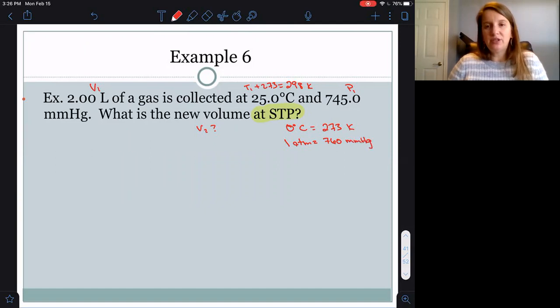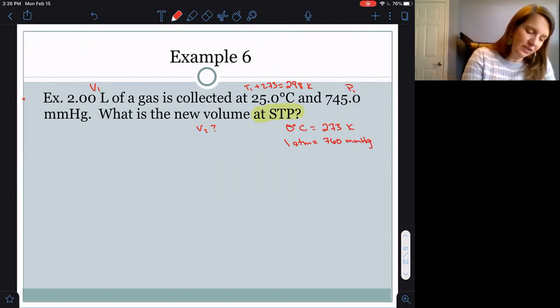So in this question, I'm dealing with pressure, volume, and temperature. So that means I have P1 V1 over T1 equals P2 V2 over T2. So my P1 is 745.0 mmHg.